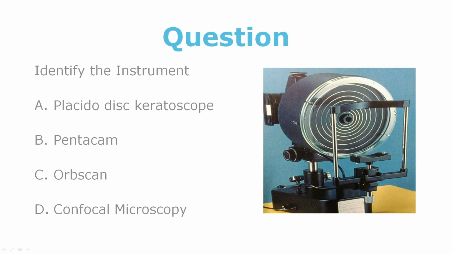So that is the confocal microscopy. So this instrument is a placido disc keratoscope. Placido disc keratoscope, Pentacam and OBSCAN can be used in keratoconus. Confocal microscopy is a totally different thing that is used to diagnose any dystrophy or any fungal infection.